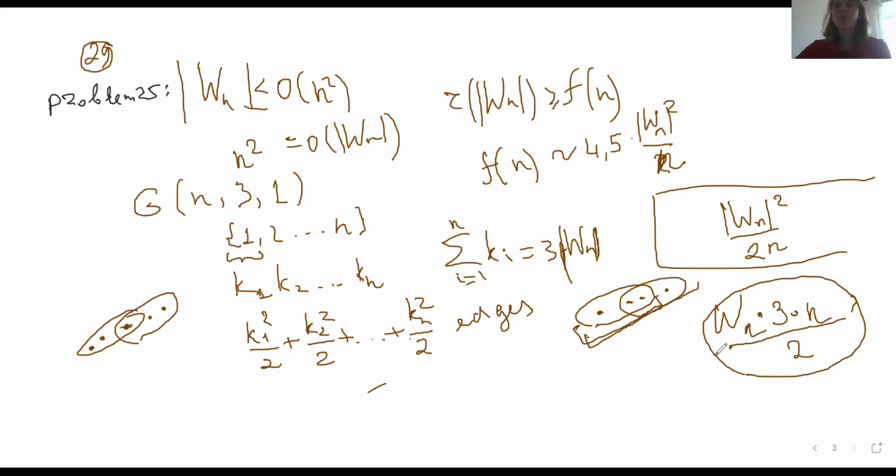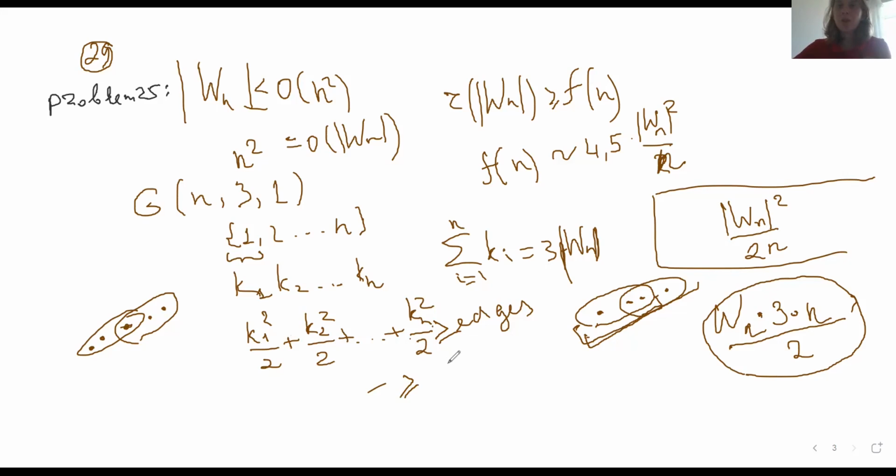And now let's return to this sum. We'll use the inequality between the quadratic mean and the arithmetic mean. According to this inequality, the sum is smallest if the sum of k's is fixed and they're all equal.